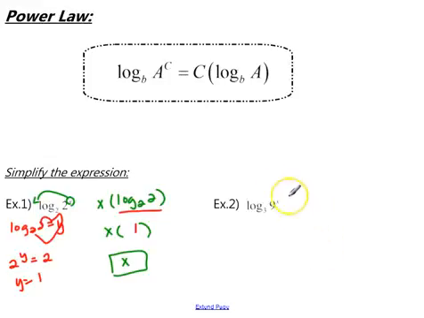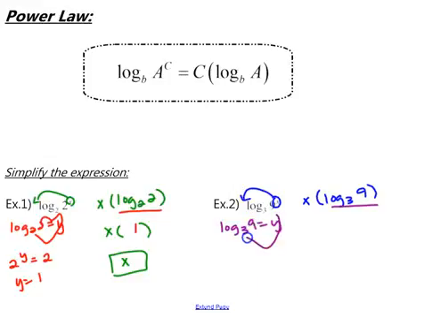So let's go ahead and do this with example 2 as well. We'll take that exponent and bring it out in front. So this is really x times the log base 3 of 9. And then let's take what's inside and set this equal to y.